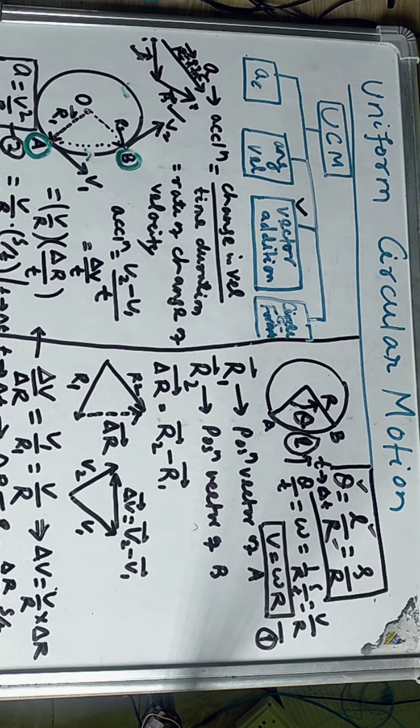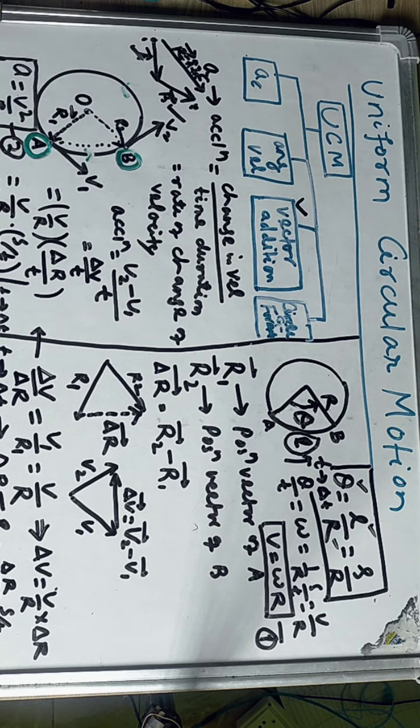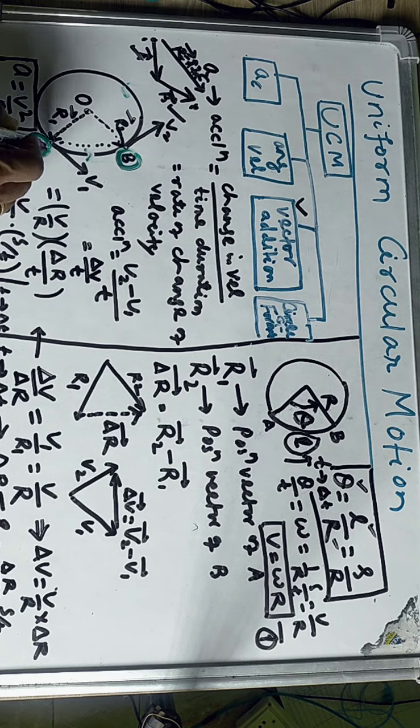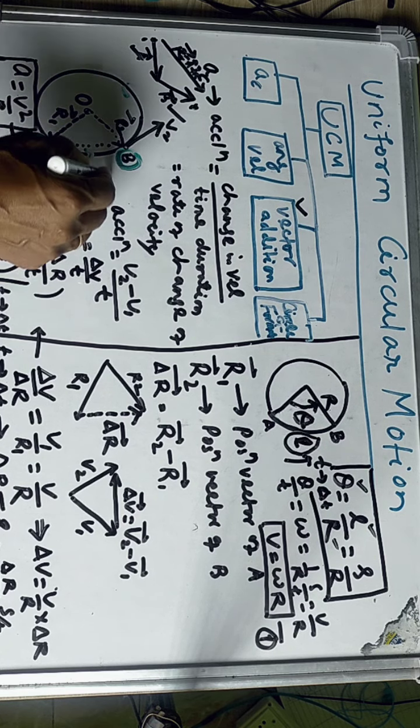But the direction of A from O is different from the direction of B from O. That means the direction of R1 is different from the direction of R2. R1 and R2 are the position vectors of point A and point B. Now, when the object is at point A, it has a certain velocity v1.